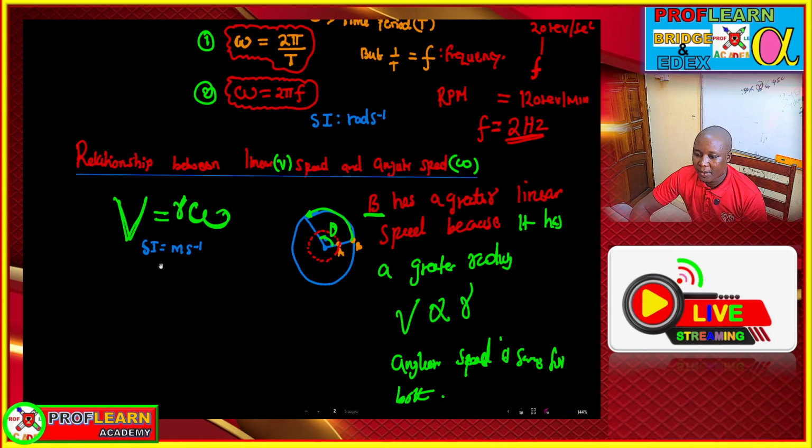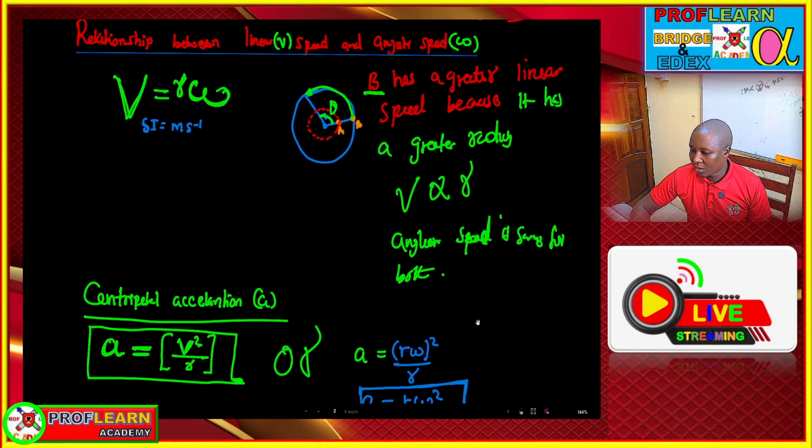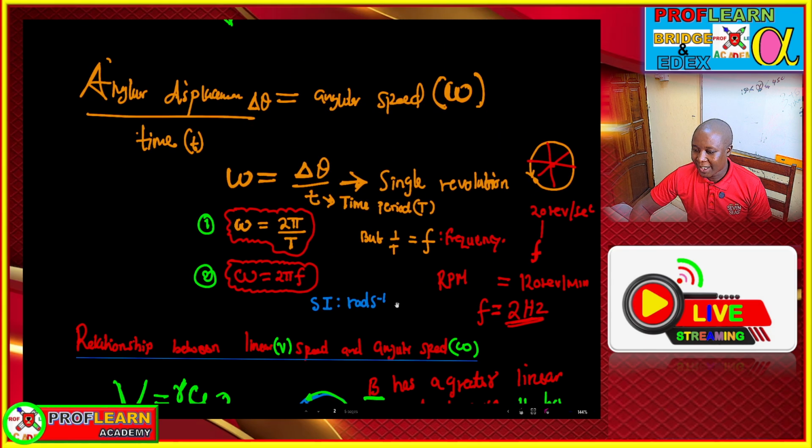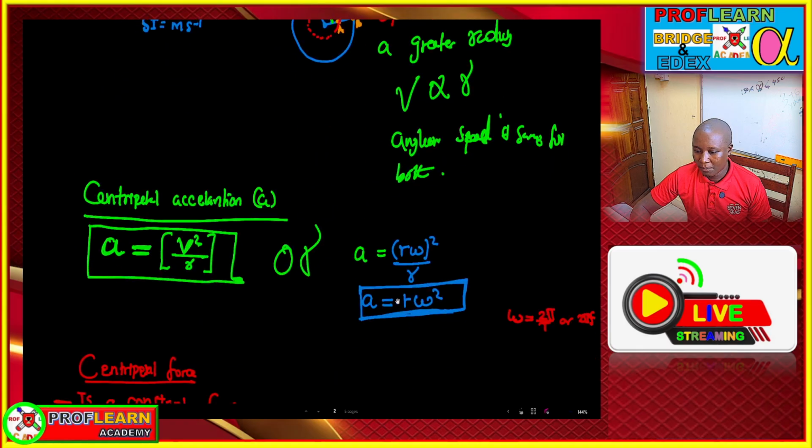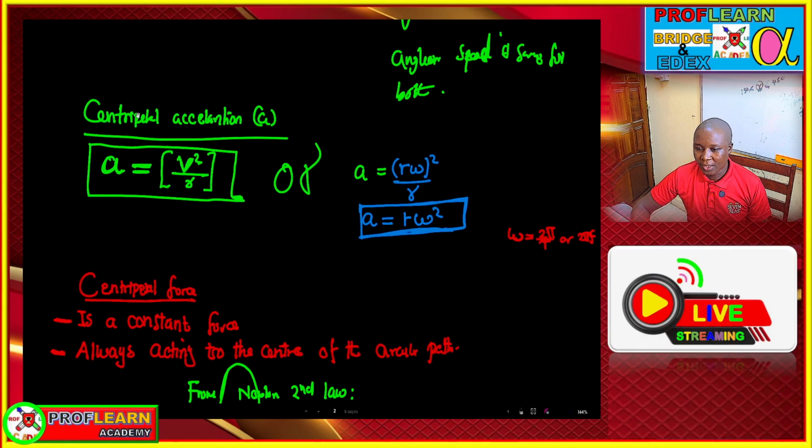You need to remember that the SI unit for linear speed is meters per second, but the SI unit for angular speed is radian per second.